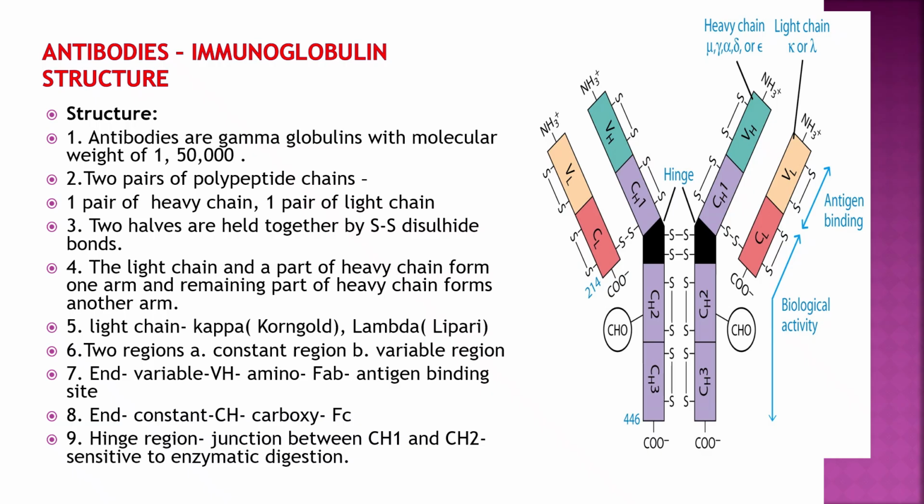The variable region end forms the amino terminal, that is FAB, and it is attached with the antigen binding site. The constant end, that is CH, is the carboxy end, also called FC. The hinge region is the junction between CH1 and CH2, and it is sensitive to enzymatic digestion.